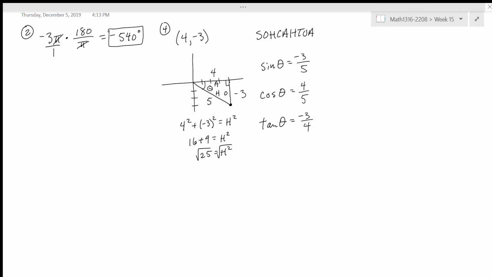So you're going to have to construct the right triangle by plotting the point. You're probably going to have to use Pythagorean theorem to get the hypotenuse. You definitely have to label your sides correctly, O, A, and H, because that'll screw it up badly if you don't label those correctly. And then you just talk to the chief.